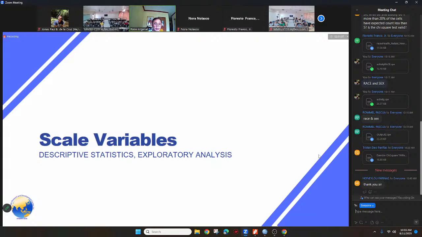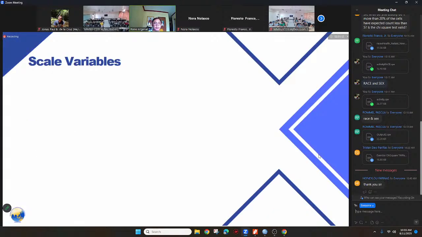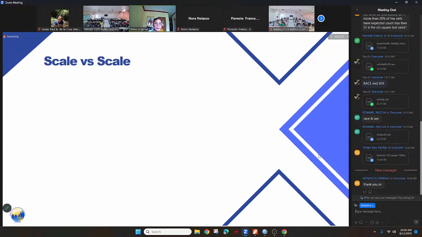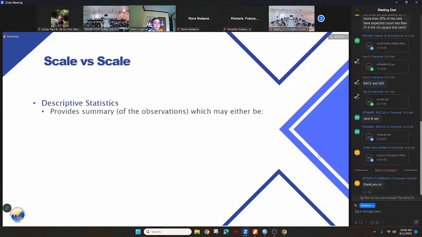So scale variables, descriptive statistics, exploratory analysis. The objective is to determine the appropriate exploratory analysis for scale variables, for numerical variables, to be able to interpret graphical outputs. So scale versus scale, meaning quantity versus quantity.